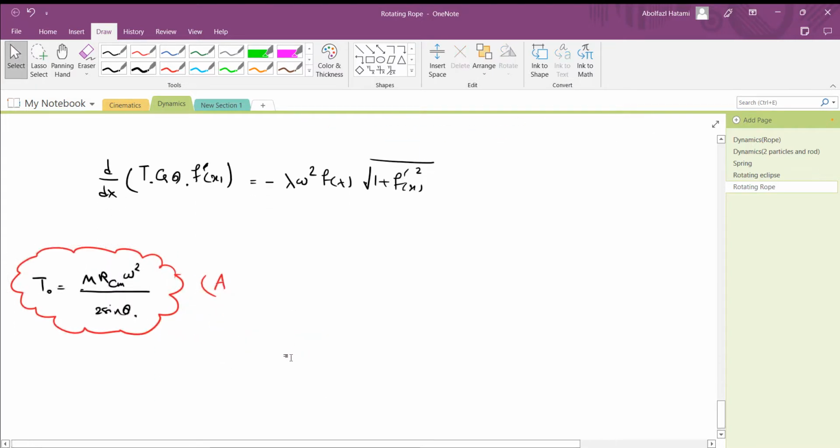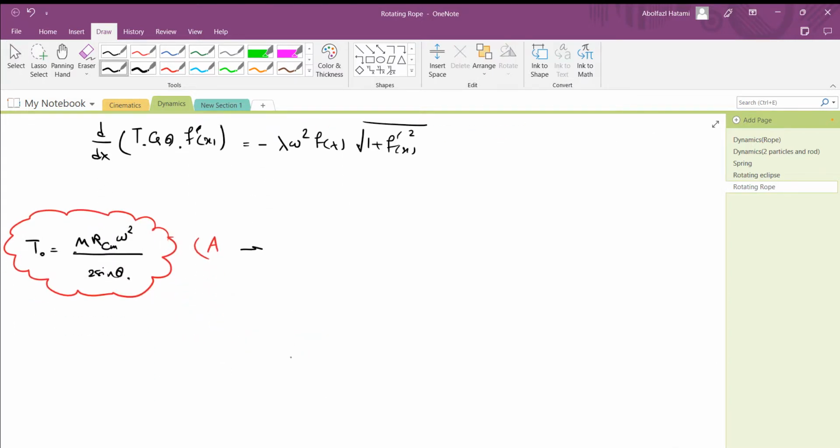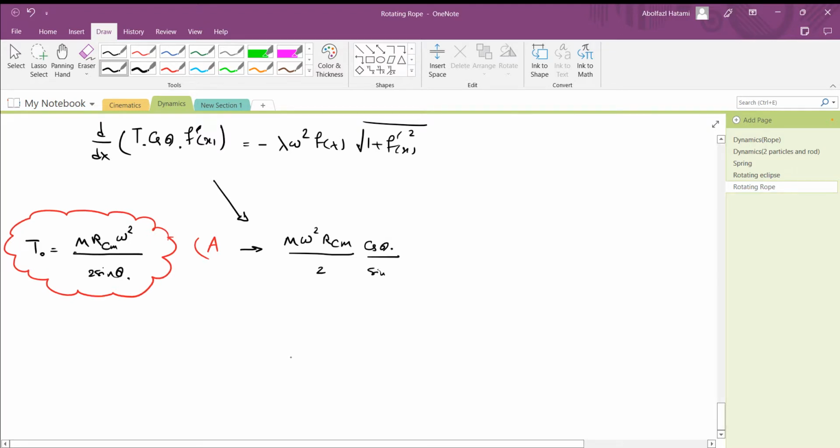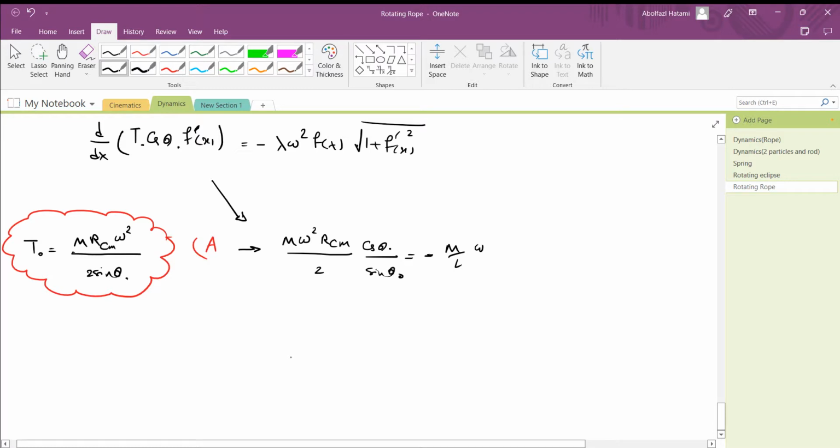So from these two equations, we have m omega to the power 2 r cm divided by 2, cosine of theta 0 over sine of theta 0 is equal to minus, and lambda is also m divided by L, omega squared f of x radical 1 plus f prime of x squared.